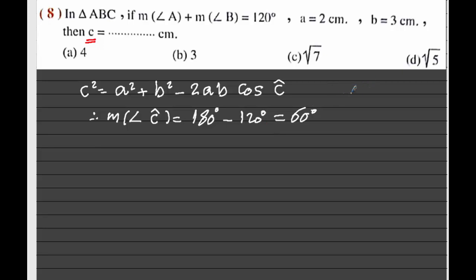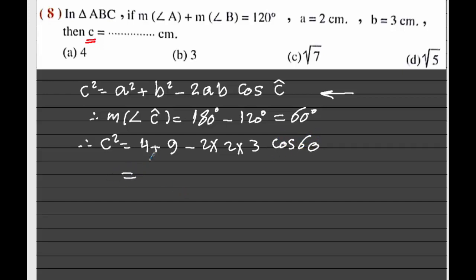So substituting in this form, we have C square equals A square, A equals 2, so A power 2 equals 4 plus B power 2, which equals 9, because B equals 3, minus 2 multiply 2 multiply 3 cosine C, cosine 60.